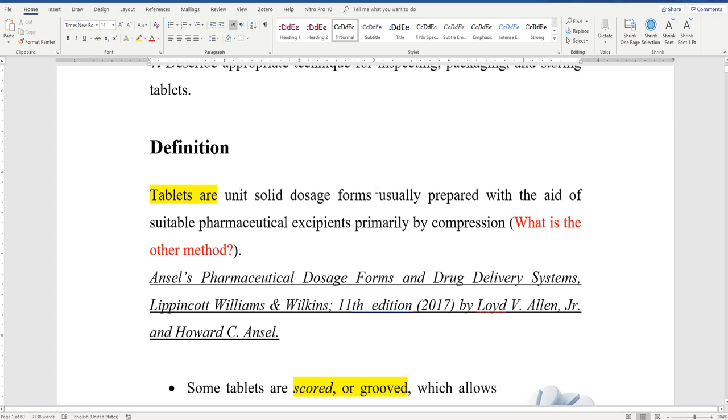Of course it contains the drug, and usually other suitable pharmaceutical excipients.